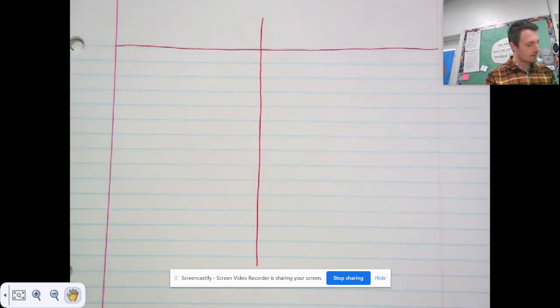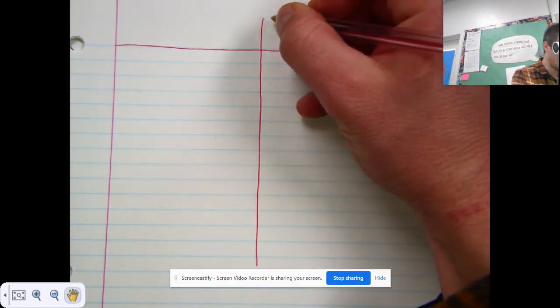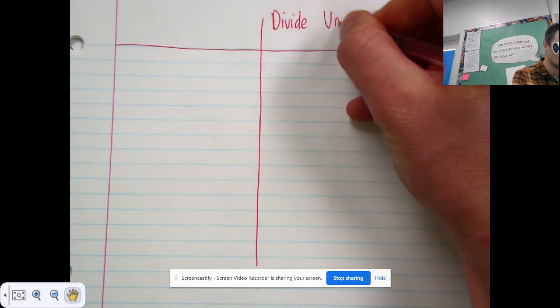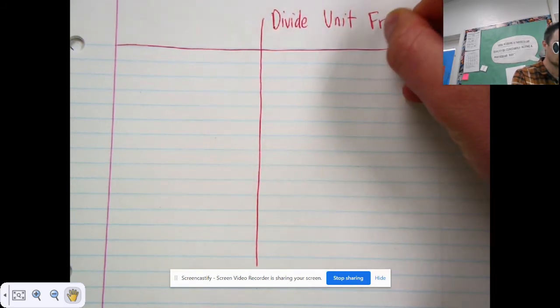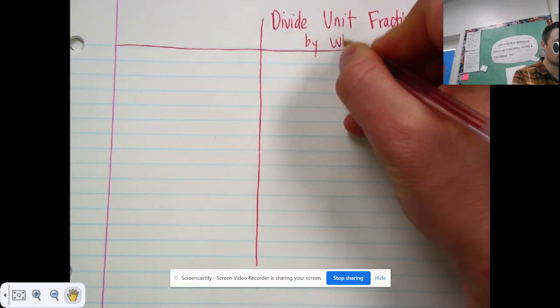Because today's lesson is about dividing unit fractions by whole numbers. And yesterday's lesson was about dividing whole numbers by unit fractions. So I want to make sure we keep these two things separate because they're so similar that it's easy to get them mixed up and make mistakes. So today's lesson is about dividing unit fractions by whole numbers.